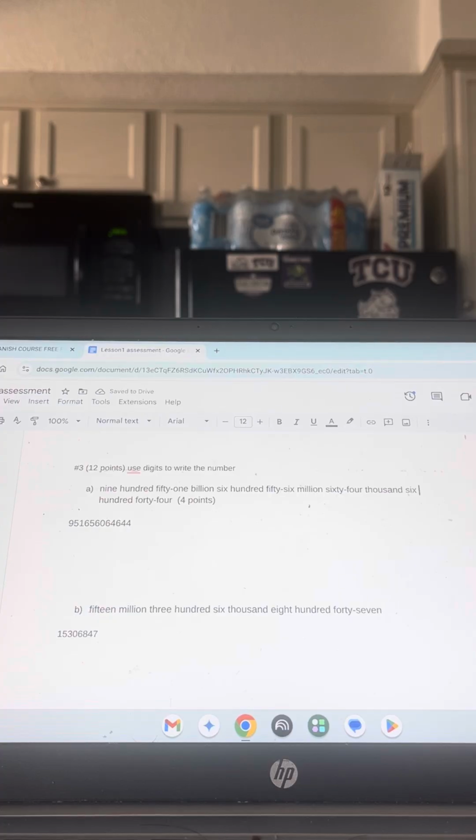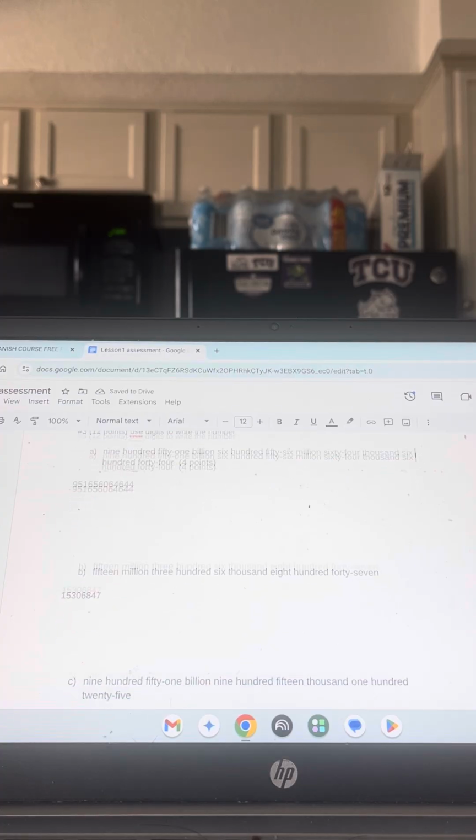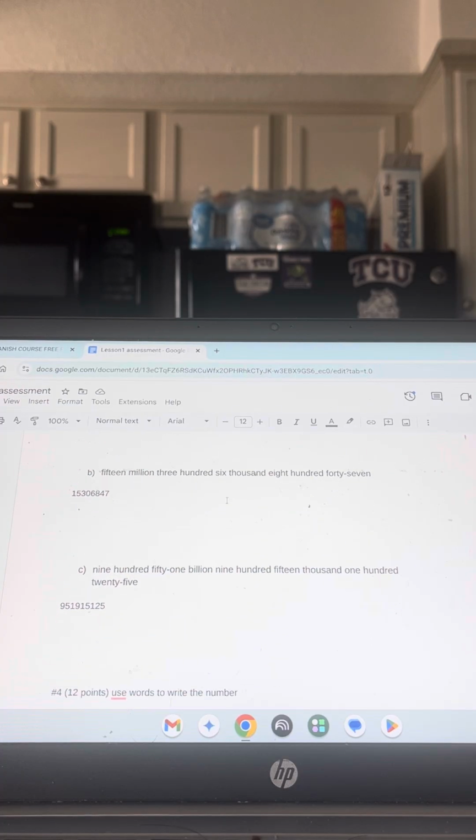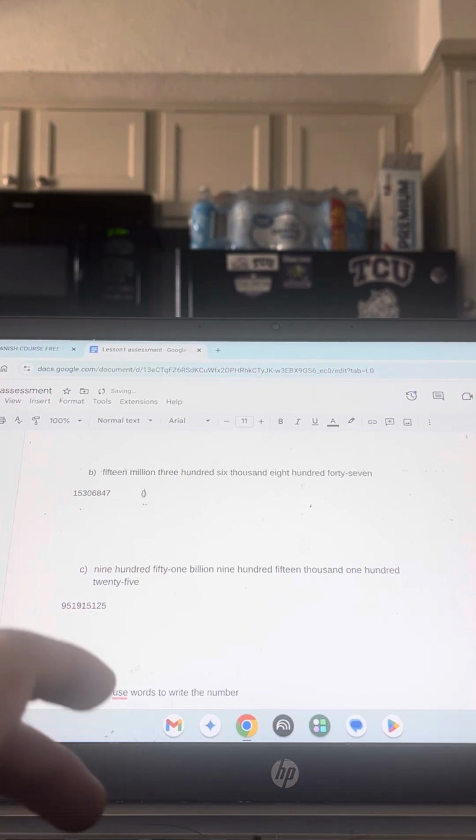Let's look at B now. Use digits to write the number 15,306,847. I like it. That's correct. I'll give you 4 points for that one. You got full credit for that one.